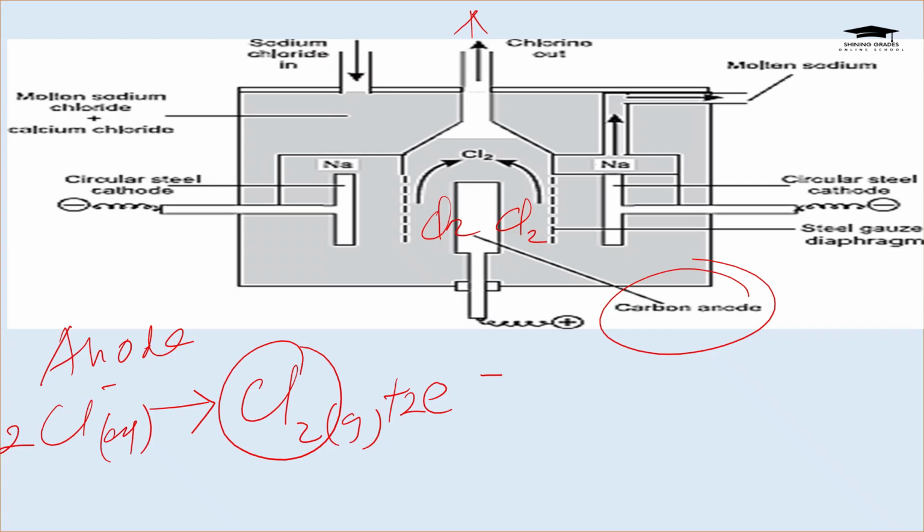So chlorine gas is collected into containers or kept to be used as a raw material in most industrial processes.